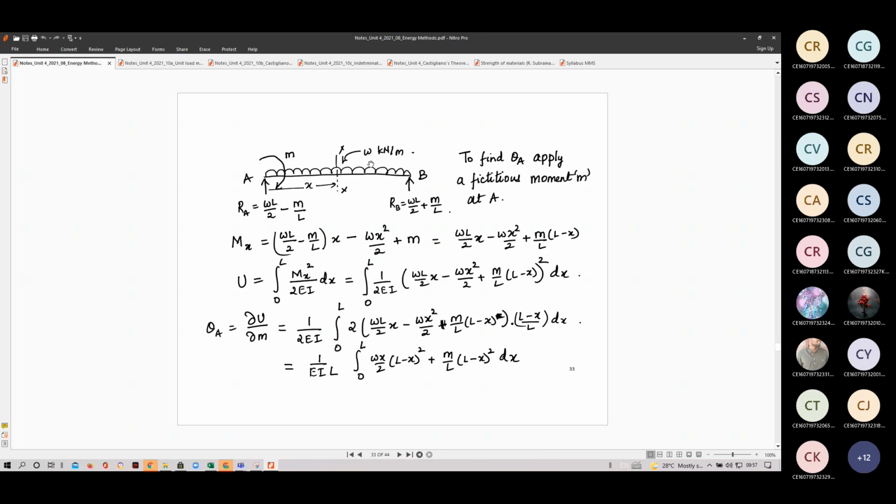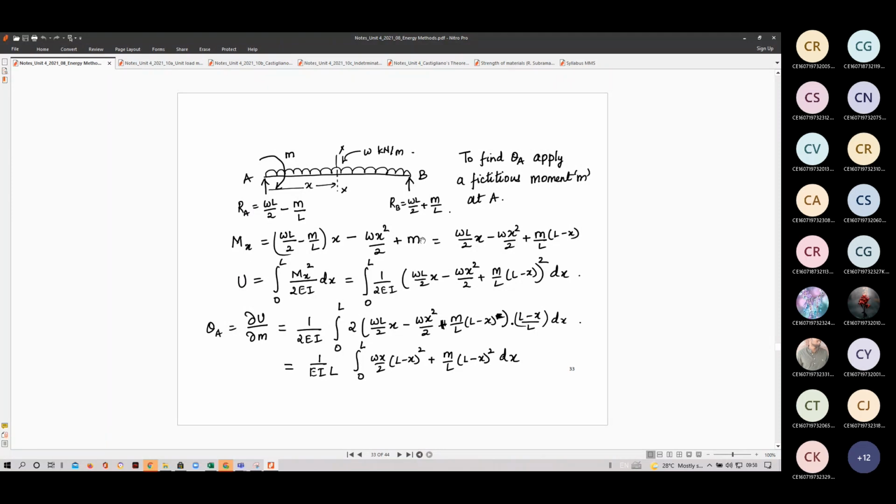So in addition to W, I have moment and I write the expression for the bending moment. So I have to find R, the reaction, which is not just for the load W, but also includes the applied moment M. So these are the reactions I get.